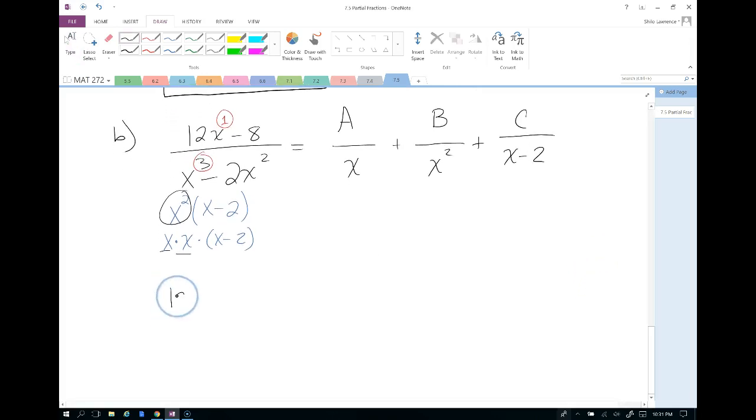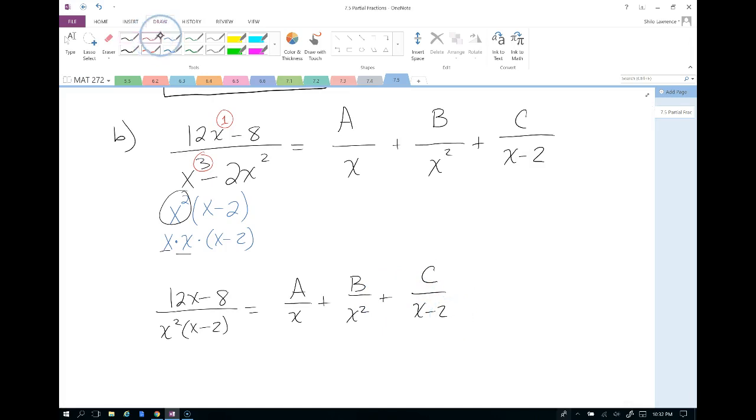Now we want to rewrite this and do a whole bunch of algebra. When I rewrite this, I'm going to rewrite it with a factored denominator, just because it will be easier to see how things cancel. So remember, we're going to multiply through by the original denominator, which was x squared times x minus 2.